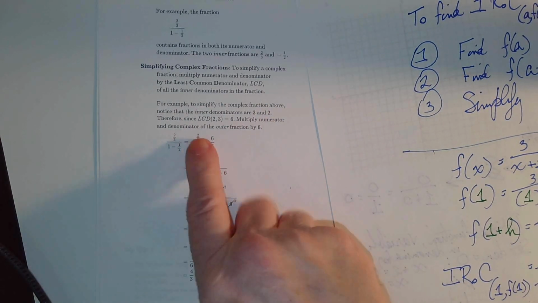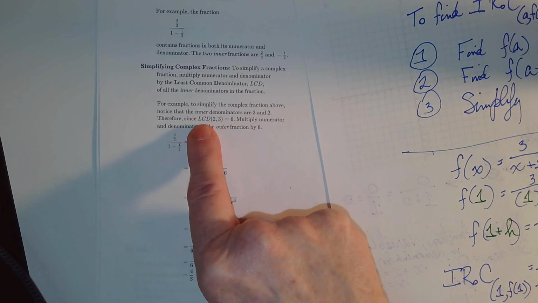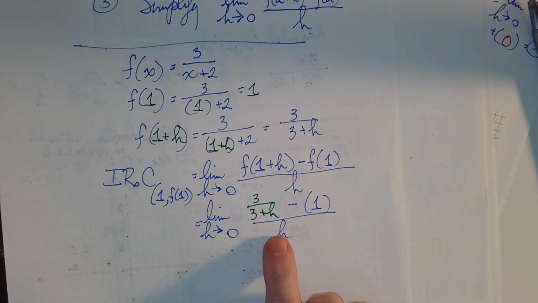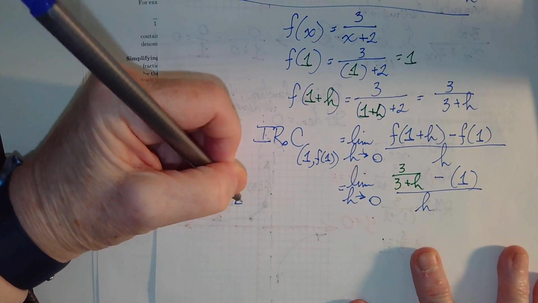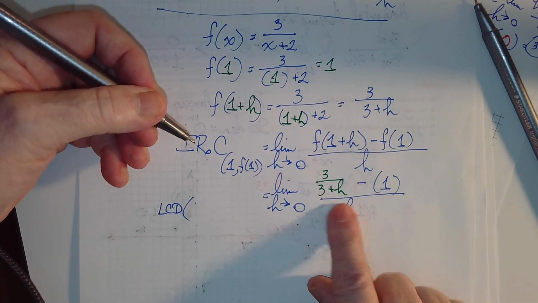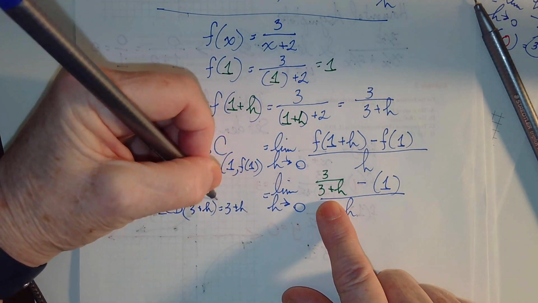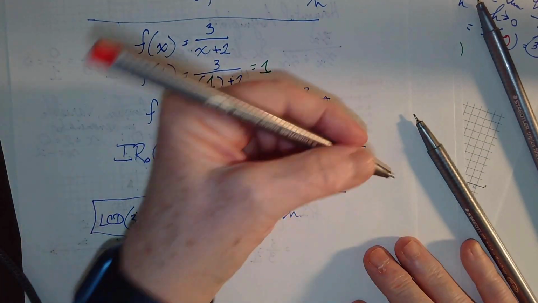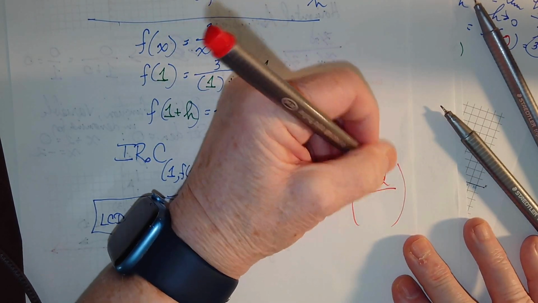So what I want to do is find all of the denominators of the inner fractions and find their least common denominator, and then multiply numerator and denominator by that. Well, this time we have only one inner fraction. So the least common denominator of our only denominator, 3 plus h, is 3 plus h. So we're going to multiply numerator and denominator by 3 plus h.